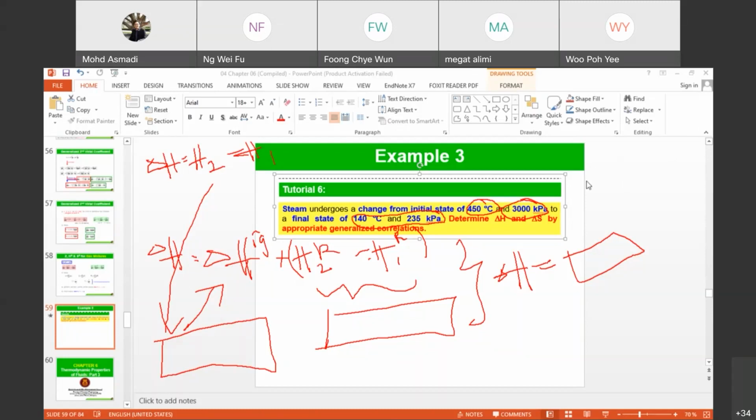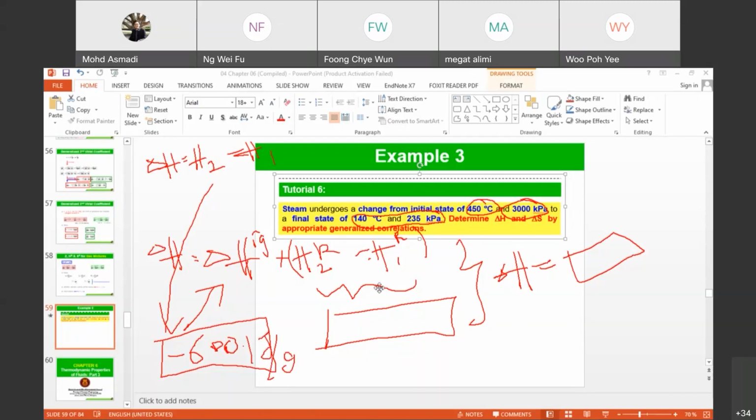If you convert to joule per gram, how much? 620 joule per gram. Okay, so almost, because mine is 600.1 joule per gram.